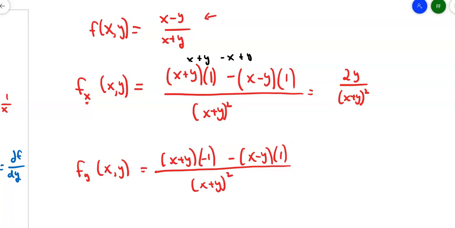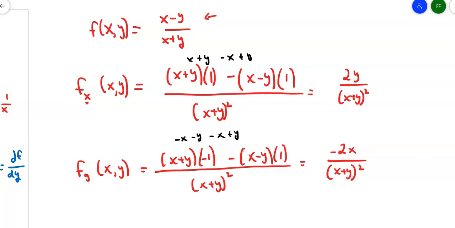All right, when we expand and simplify the top, we get negative x minus y minus x plus y. So this time the y's go away, but the x's stay. So we got a negative 2x on the top, and we still have an x plus y squared on the bottom. So this is the partial derivative of f with respect to y.